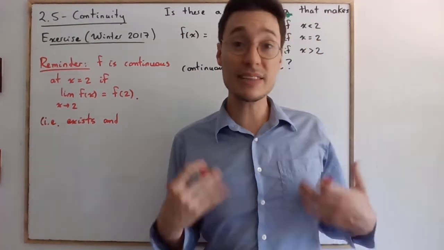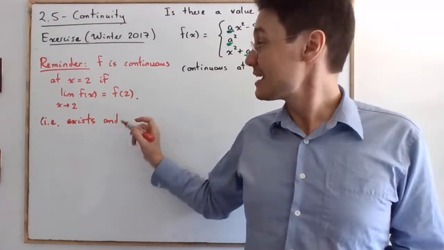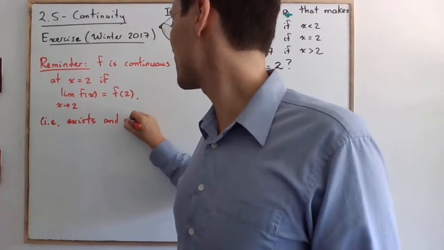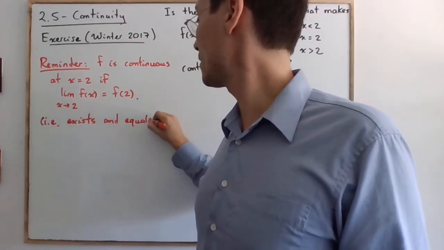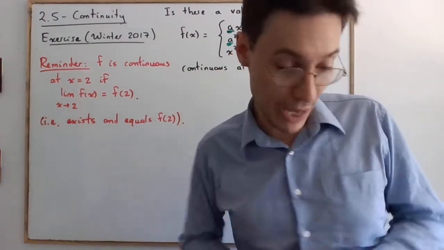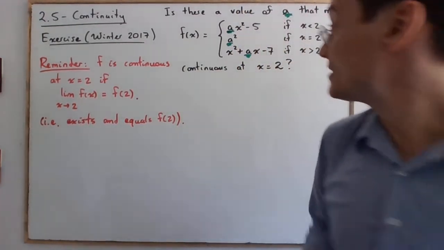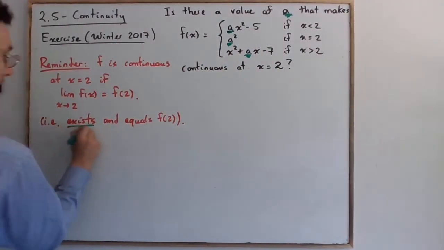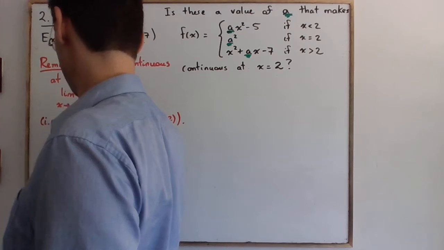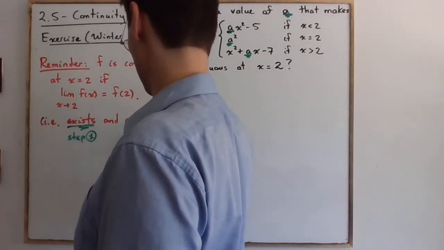And the second condition that we will check is that, provided that the limit exists, it does match f of 2. So the limit equals f of 2. So pretty much this will be our step 1, and this will be our step 2.